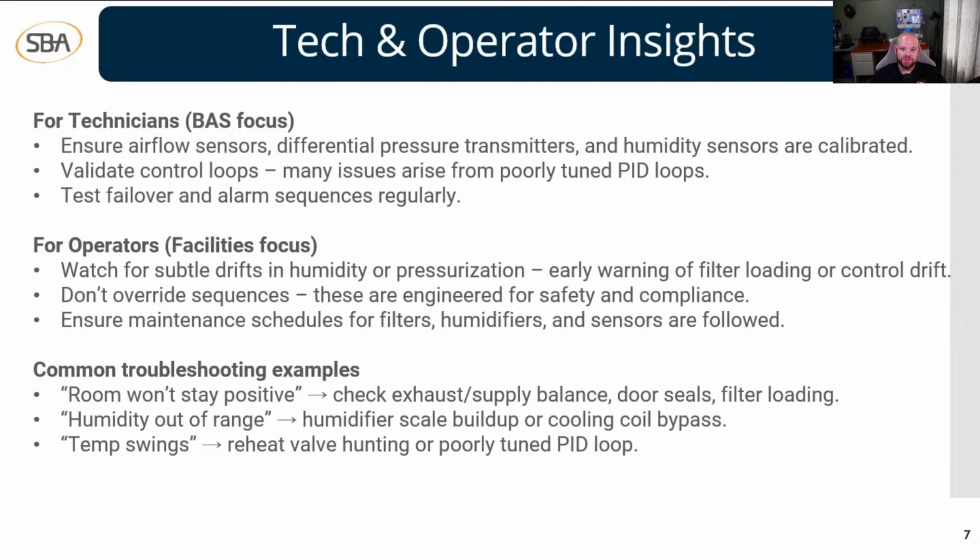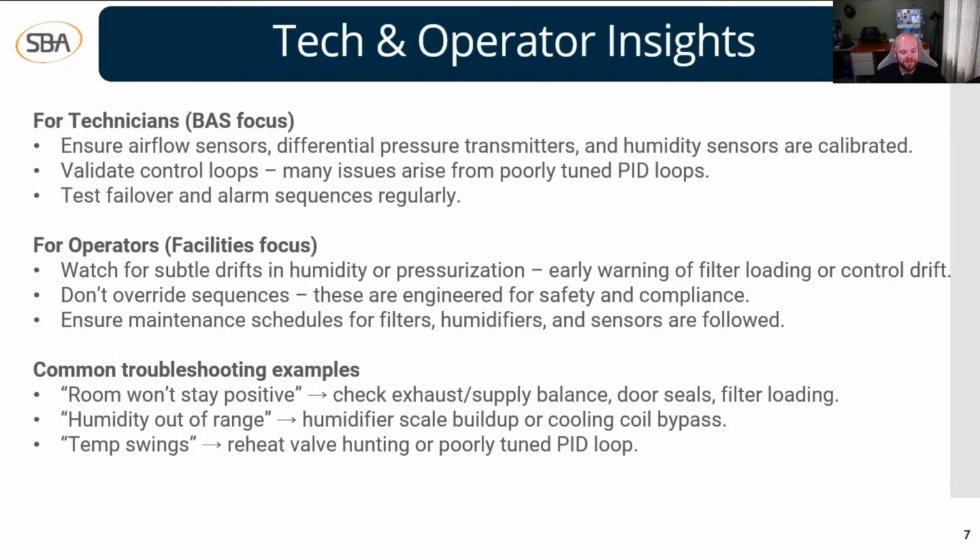But what this is saying is don't override any of the sequences or the devices, because if you do, let's say for this instance, if you were to override that chill water valve to closed, by the time maybe a week later, it could be way hotter in that room and nobody knows why. And then you go back and think, oh, it's because I overrode that point last week and left the valve closed.